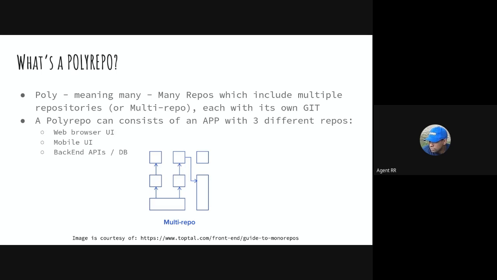Let's say a web browser for the UI, a mobile version of the application, and a backend with its APIs and databases. Each one is going to get its own Git, and they're all going to be separate. So let's say that you need to change some kind of configuration between the web and the mobile version, then you're going to have to do it inside each of the individual repos, right?